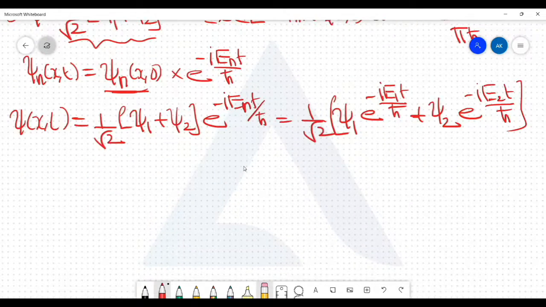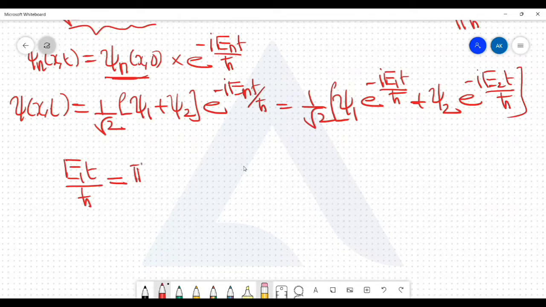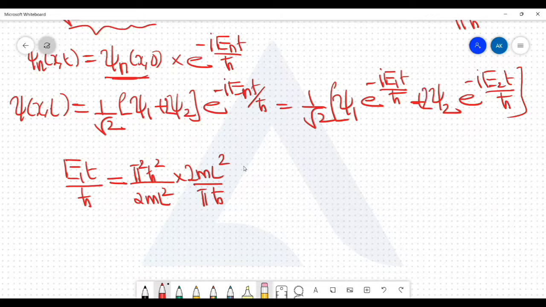E1 t by h cross equals, your E1 is pi square h cross square by 2m L square, because your box has length L. Your time is 2m L square by pi h cross, into 1 by h cross.